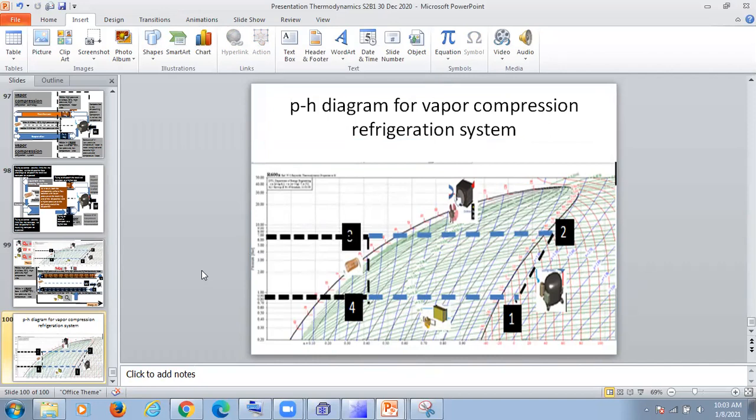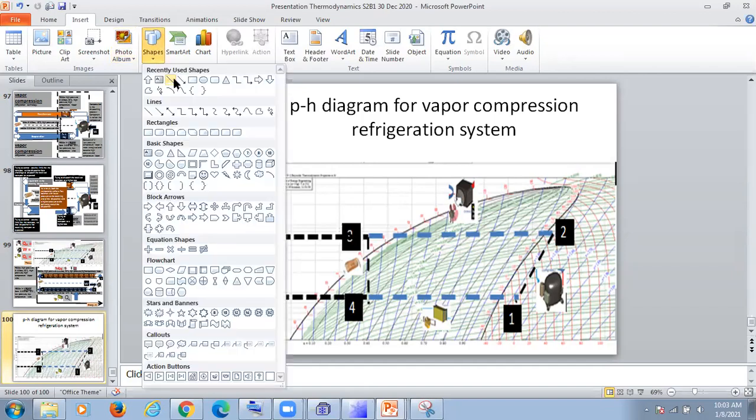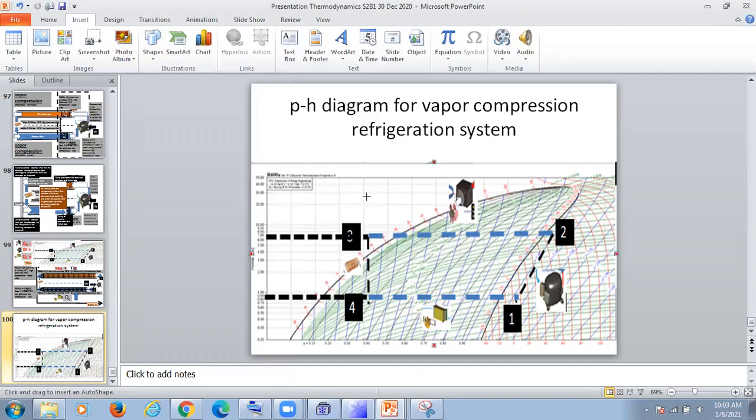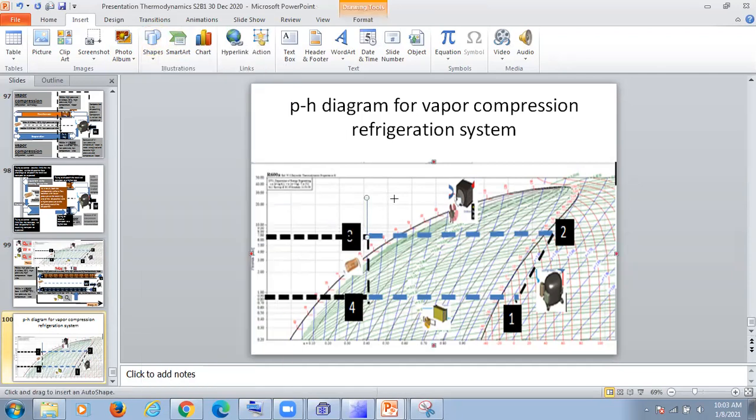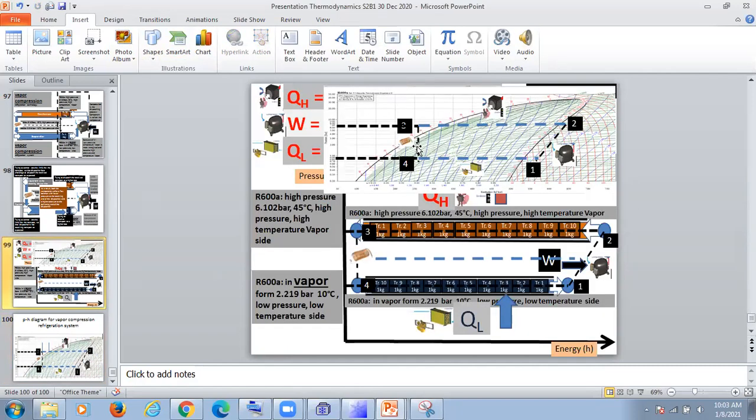Okay, and now I'm going to introduce you to two key terms we are using in these technologies. You may have not physically seen a cooling system, but you should be able to imagine this.